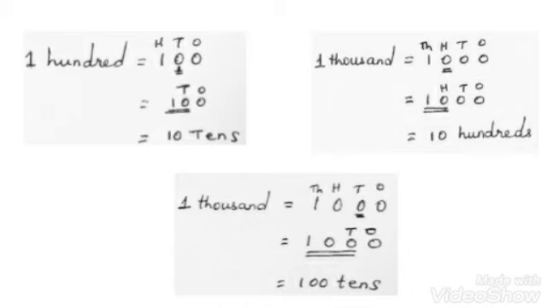You should write it in hundreds. 1000 is expressed in hundreds, so you write only up to hundreds: ones, tens, hundreds. Underlined, how much is there? There is 10. Therefore 1000 is equal to 10 hundreds. See, one more picture, 1000 is equal to the same, but I should write it in tens. So I have to come to the place of tens only. Ones, tens.